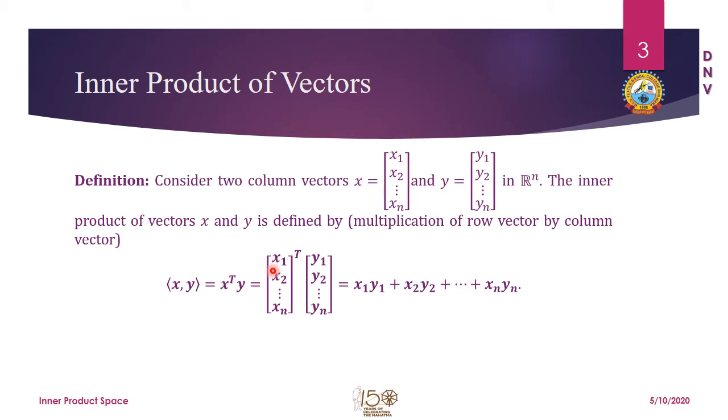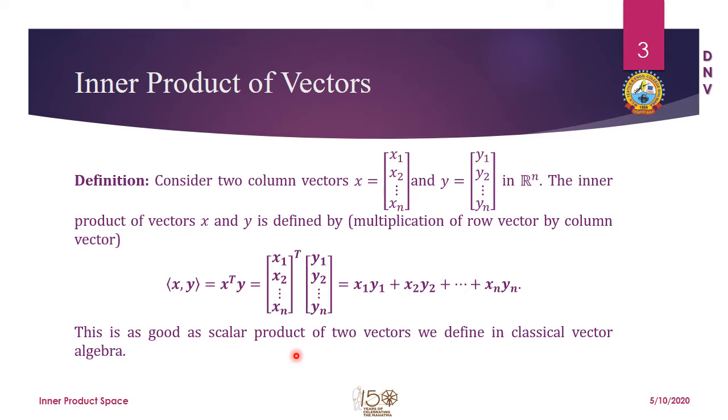So if we multiply this row vector by this column vector, we get x1 y1 plus x2 y2 plus up to xn yn. So this is the formal definition of an inner product of two vectors in Euclidean space. This is as good as a scalar product of two vectors we define in the classical vector algebra in R2 or R3 or R4.